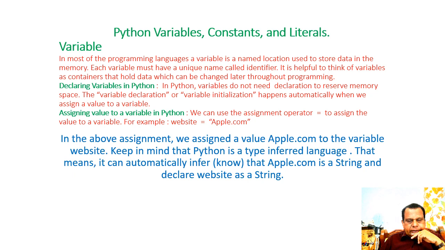Keep in mind that Python is a type inferred language. That means it can automatically know that apple.com is a string and declare website as a string.